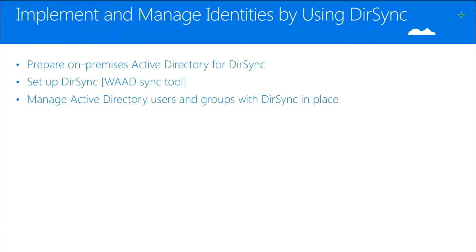The second identity solution is that the customer has Active Directory. You've decided that you want to keep Active Directory for one reason or another, and you want to be able to sync your users into Office 365. Obviously, you don't want to manually type all those users in.